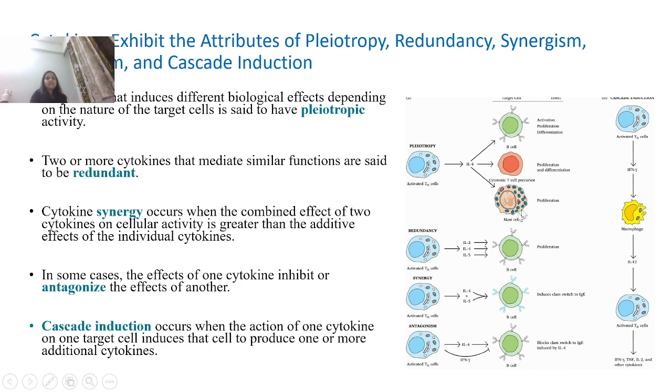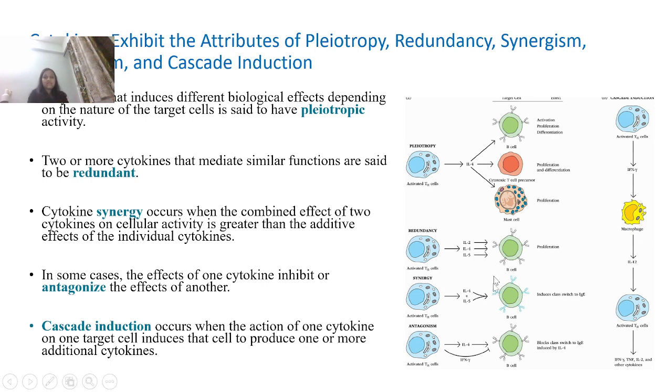Another is redundancy, where two or more cytokines can play a similar function. For example, for B cell proliferation, these three cytokines can help: IL-2, IL-4, and IL-5. Then there can be synergy, where the function of two cytokines together has a greater effect compared to the function of each cytokine alone.